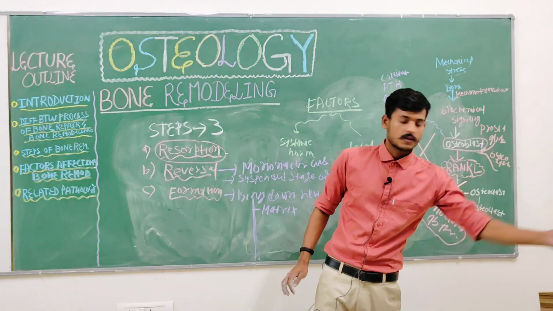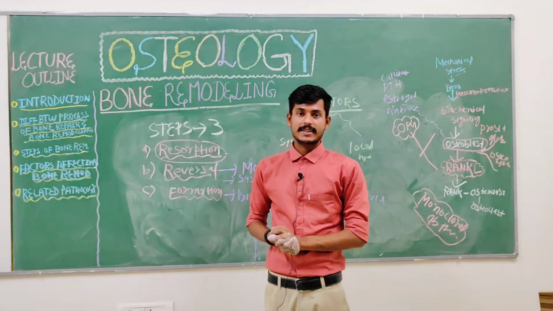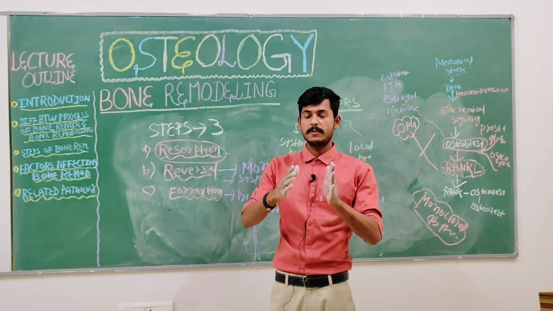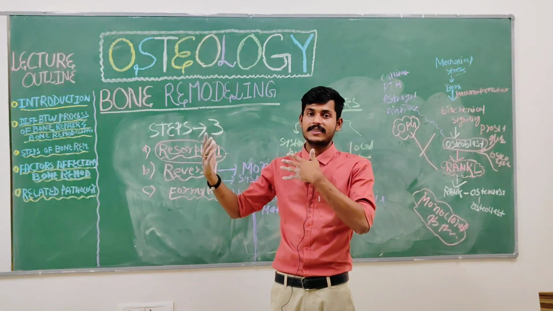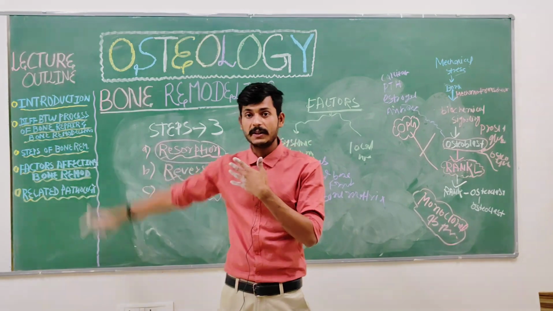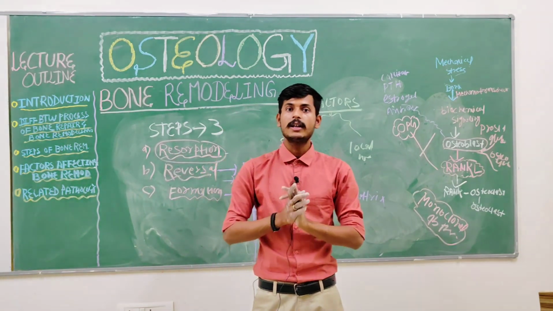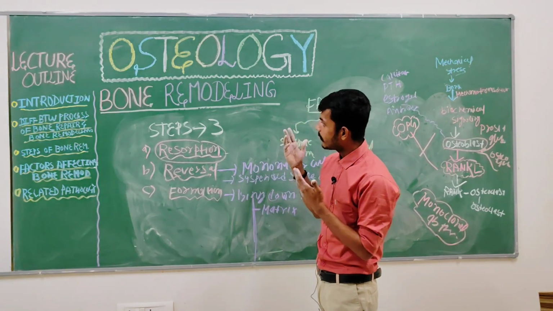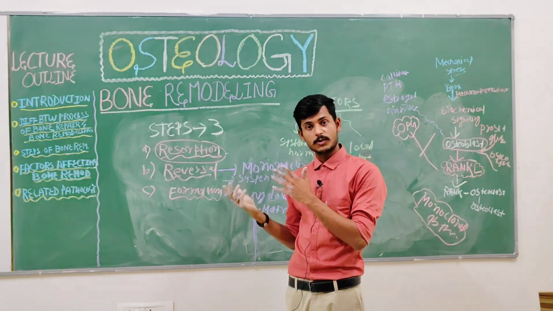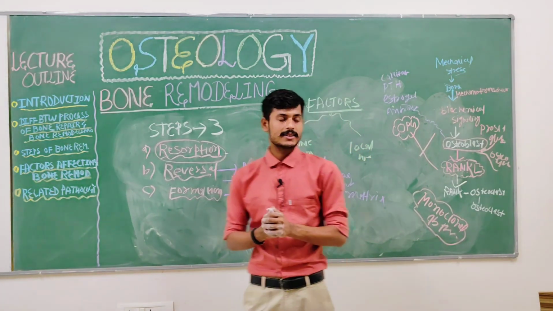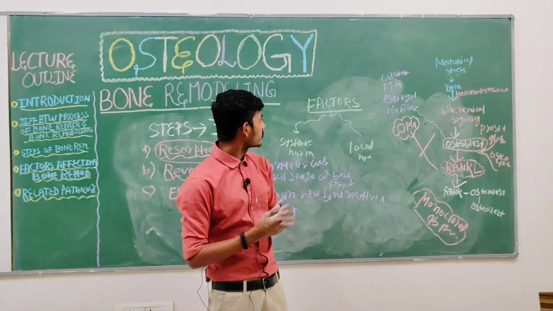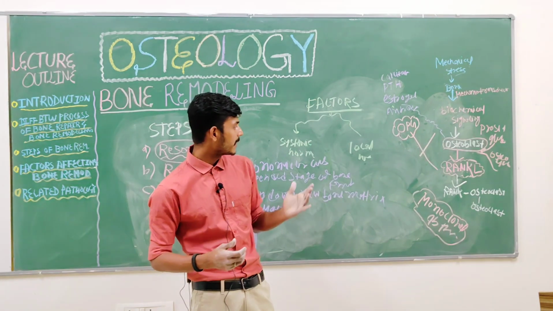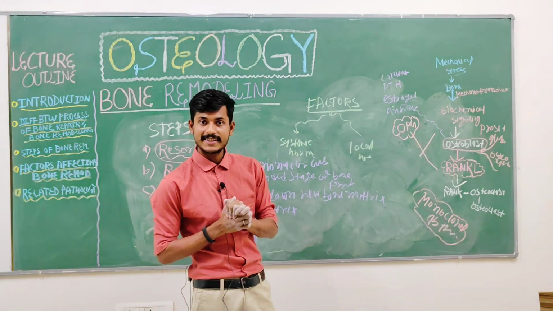So by this we conclude today's class. We discussed basically bone remodeling, the difference between bone remodeling and bone repair or bone healing. We saw the steps, the role of our beautiful bone cells like the osteoblast and osteoclast, and the factors and diseases: osteoporosis, Paget's disease, periodontal diseases.